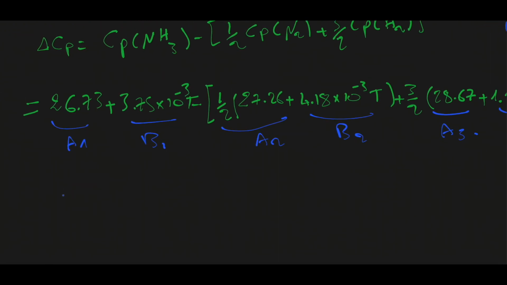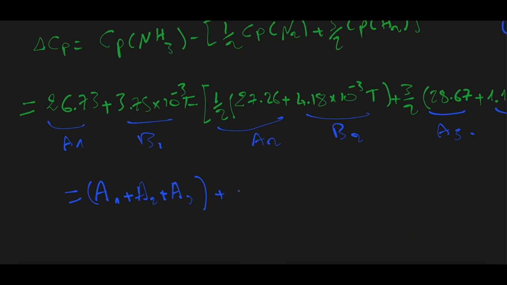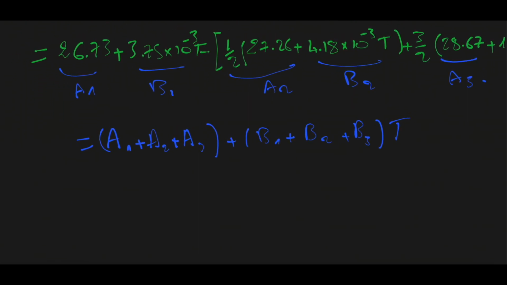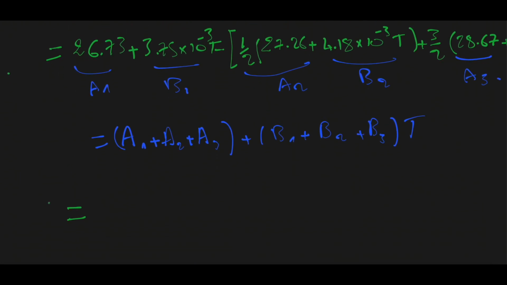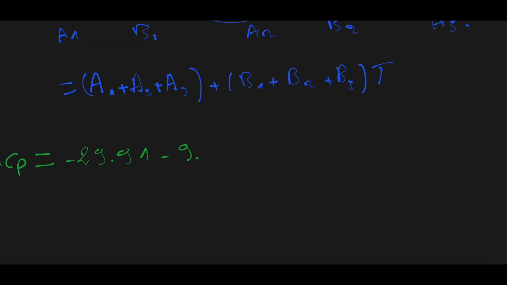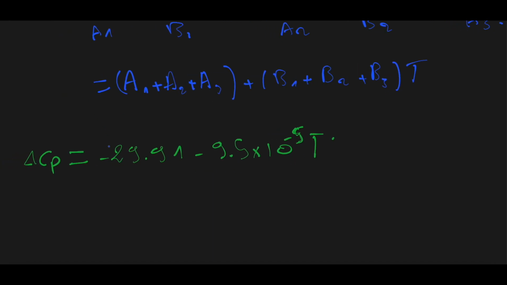So we get an equation as this one, A1 plus A2 plus A3, plus the slope B1 plus B2 plus B3 times T. And the final expression of the delta Cp is as follows: negative 29.91 minus 9.5 times 10 to the minus 5 T. So here's the final expression of delta Cp.